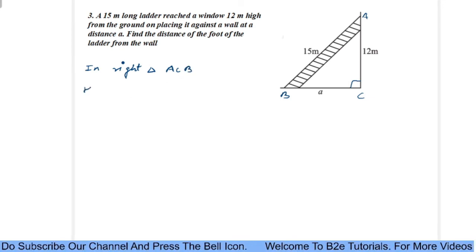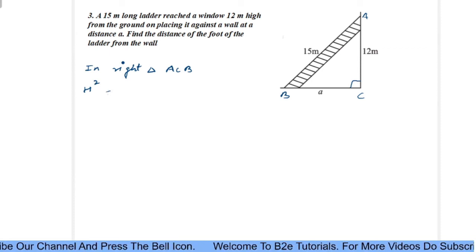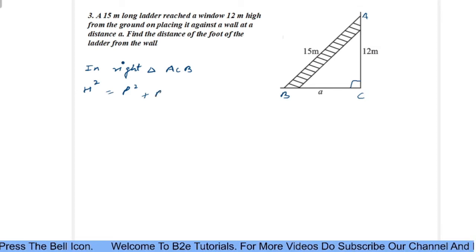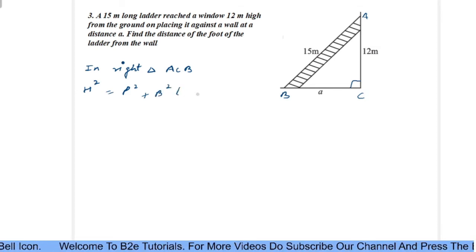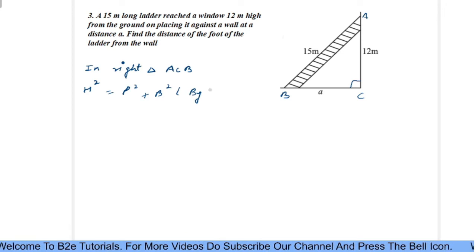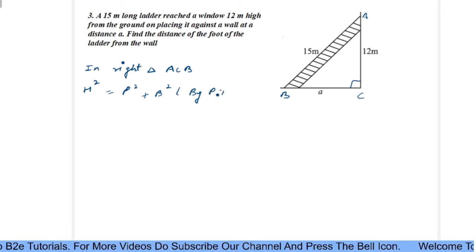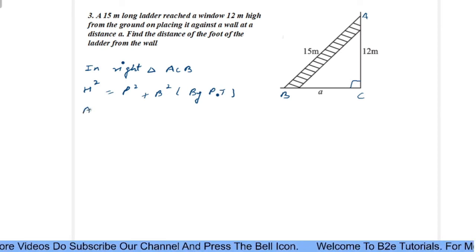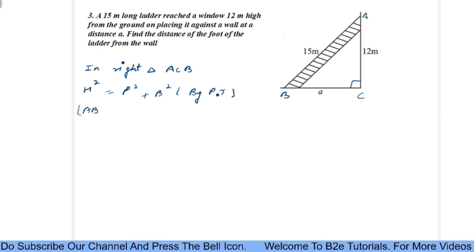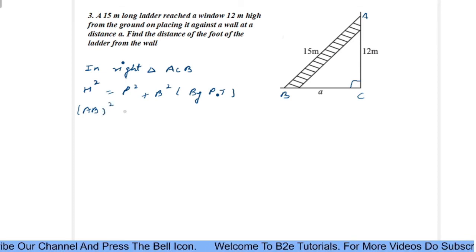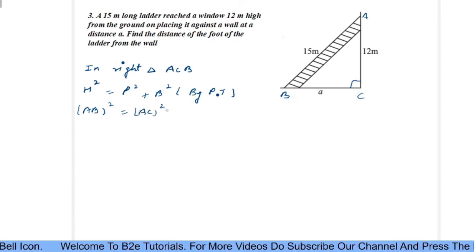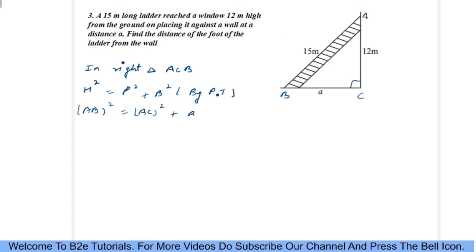Here hypotenuse square equal to perpendicular square plus base square by Pythagoras theorem. Here hypotenuse is AB. The AB square equal to perpendicular, it is AC. AC square plus base, it is BC.